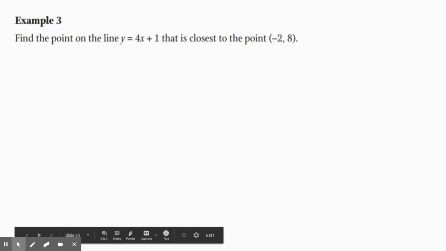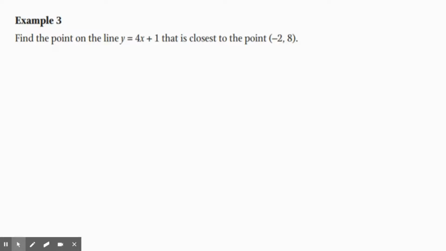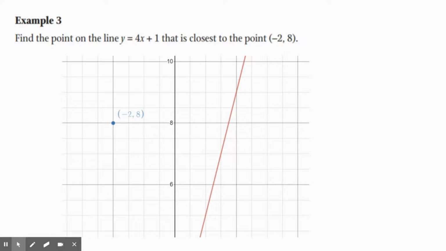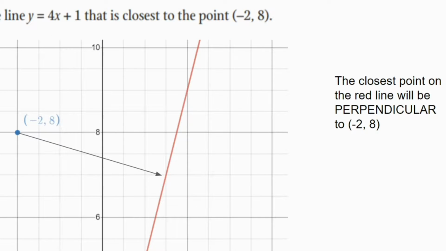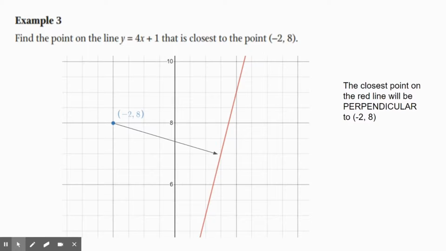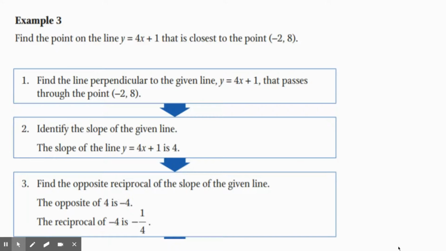Example 3, find the point on the line y equals 4x plus 1 that is closest to the point (-2, 8). Now that term closest means that if I was to graph this, the point on the red line that would be the closest would be perpendicular to the red line. So what I'm going to need is that perpendicular slope.